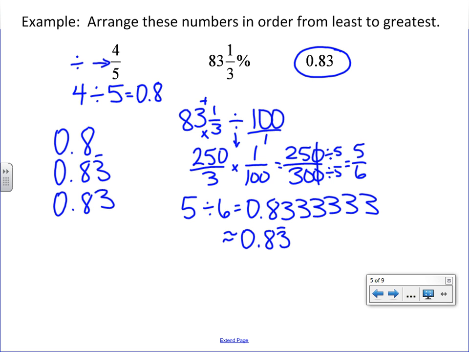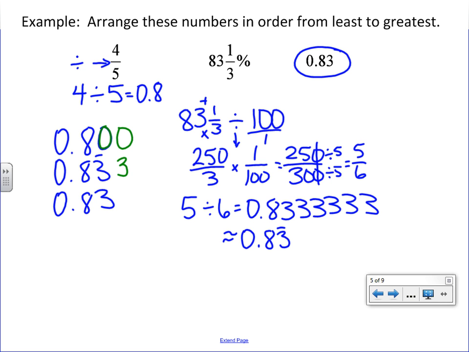Well, to do this, I'm going to write them out with 3 decimal places. So behind the first one, my 0.8, I'm going to tack on 0, 0, because that's what would be behind there. We don't have to show those zeros, but if we need to, they're there. For 0.83 with the 3 repeating, after this 3 is going to be another 3 because it's repeating.